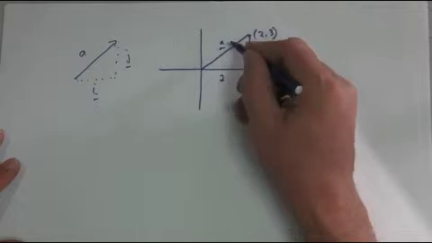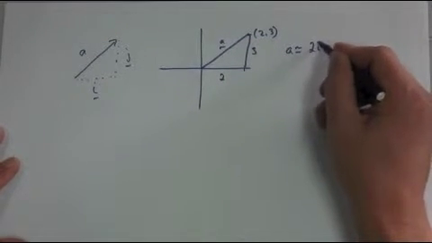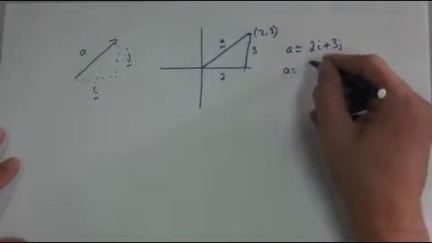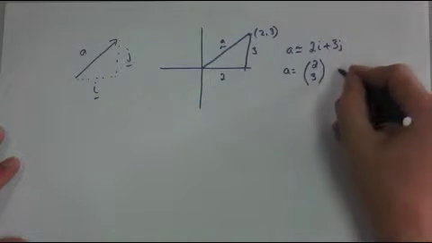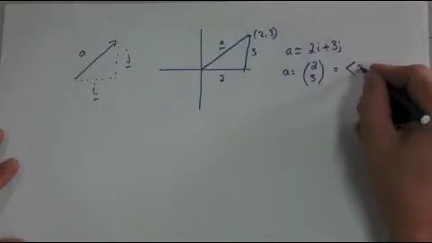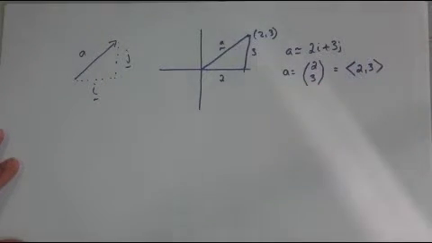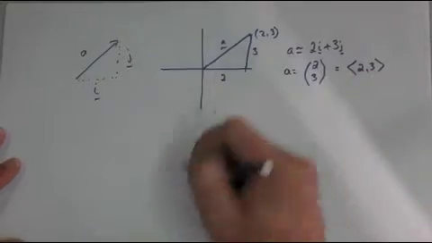So this vector A could be written as 2i plus 3j. Or it could also be written in matrix form, (2, 3), or another vector form, <2, 3>. All these forms are perfectly fine for writing vectors. I prefer the matrix form just for a little bit of ease later on. So 2i plus 3j is that vector.